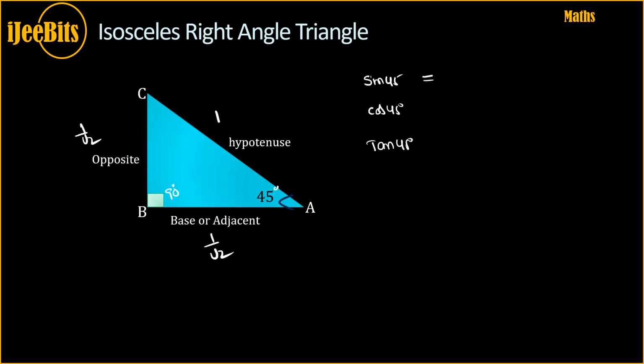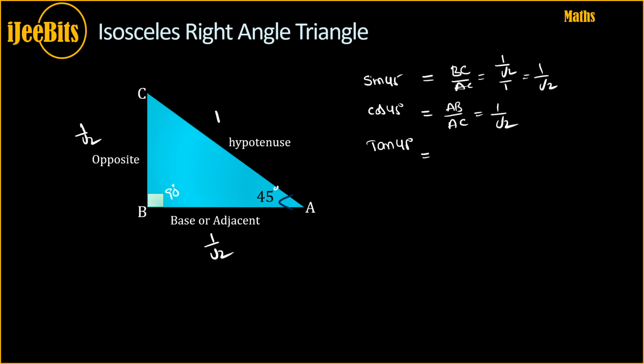Sine 45 means what? Opposite, BC by AC. So BC is 1 by root 2 by 1, and hence 1 by root 2. Similarly, cos 45 is AB by AC, which is also 1 by root 2.